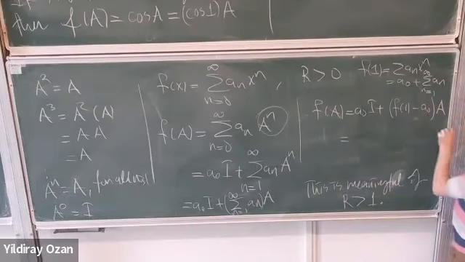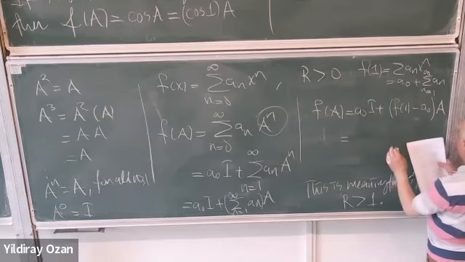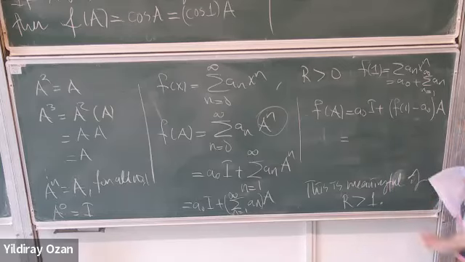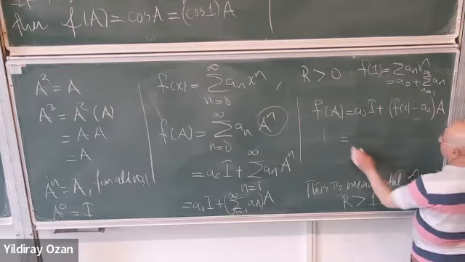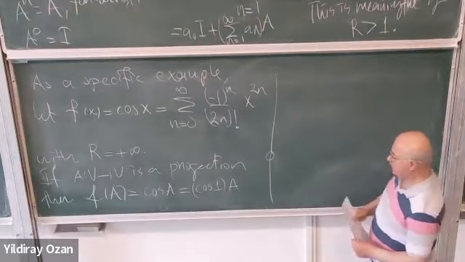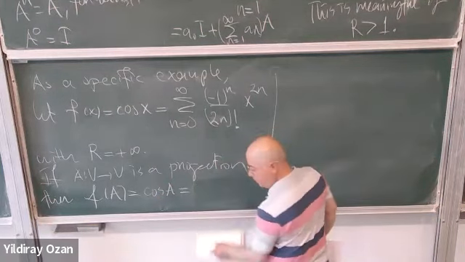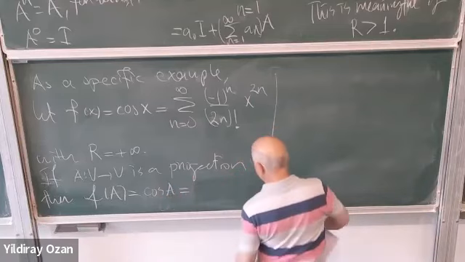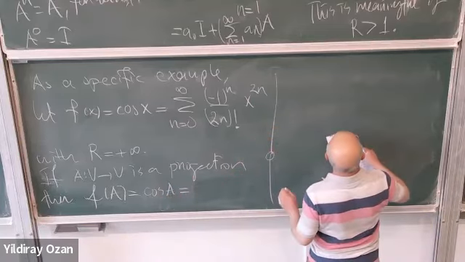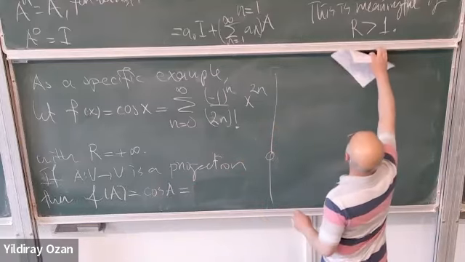So we can write it this way. Here we will have cosine A. A to the zero is just identity, right?